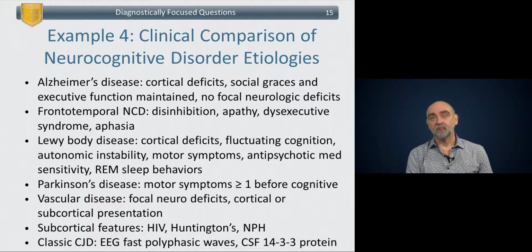It could be due to HIV, AIDS dementia, Huntington's disease, normal pressure hydrocephalus, among others. And then classic Creutzfeldt-Jakob disease has a couple of pathognomonic findings, which would be included in your vignette. The EEG shows fast polyphasic waves, and when you do a lumbar puncture, the CSF will show evidence of a protein called 14-3-3 protein. So again, this is another way where you can capture a lot of information as you're focused on these diagnostically focused questions.